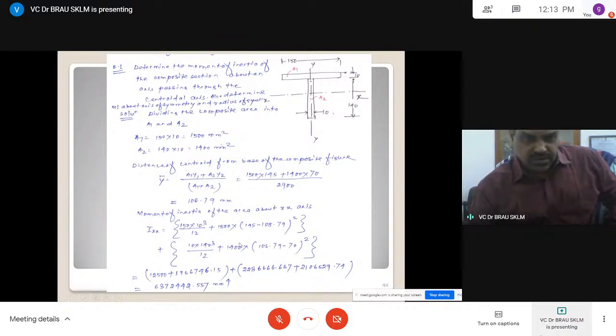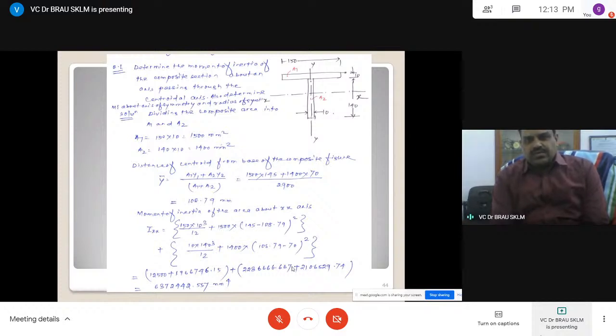Okay, 1/12 BD cube. This is 140 plus 5, and here out of 140 it is 70. You can use this 70. The total, here we already determined previously, so if you substitute, you can find out the value. Area into x square. Okay.